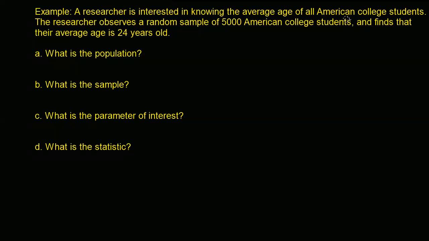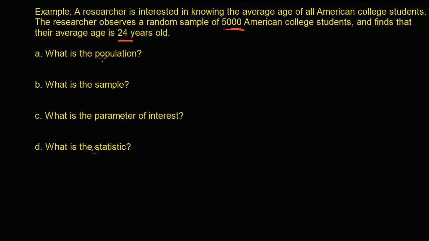When you collect every member of the population, that is a census. But most of the time you don't have those resources. So instead, the researcher observes a random sample of 5,000 American college students, finds that their average age was 24 years old.